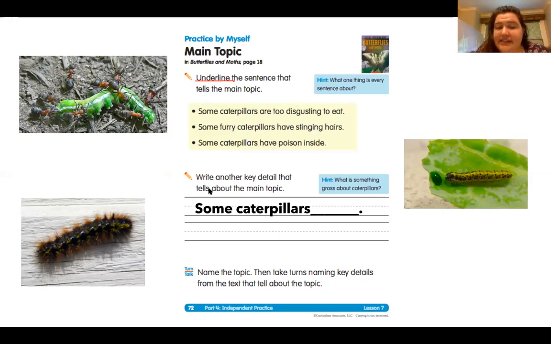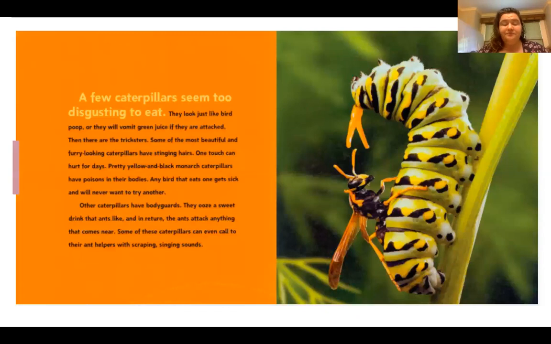Now, a key detail tells about the main topic. Your hint is, what is something gross about caterpillars? Some caterpillars blank. Now, I put pictures to help you. These are all real pictures of caterpillars that go with the story on this page.